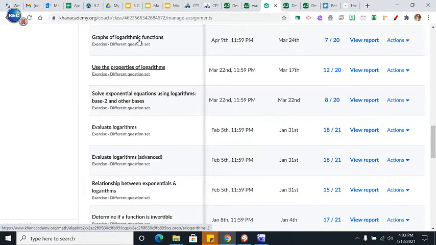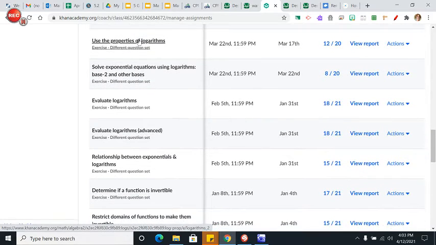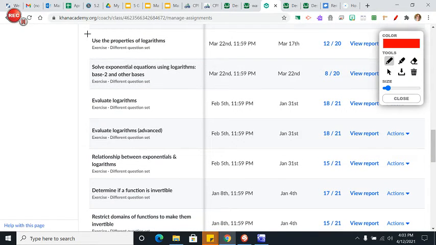Those are kind of old, but those are going to be really helpful for the test. I know you have a ton related to exponential equations, but don't skip these. Okay, I think these are going to be very helpful.